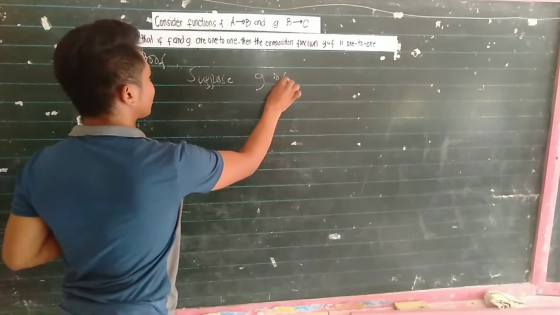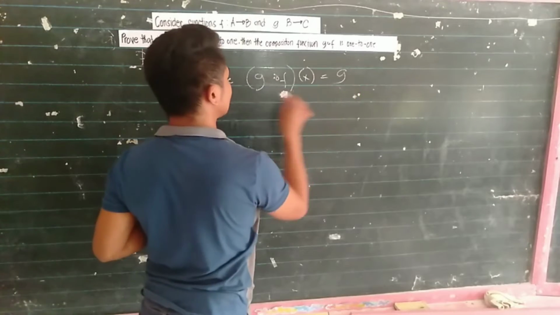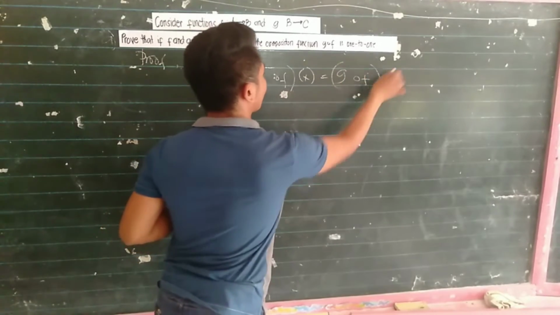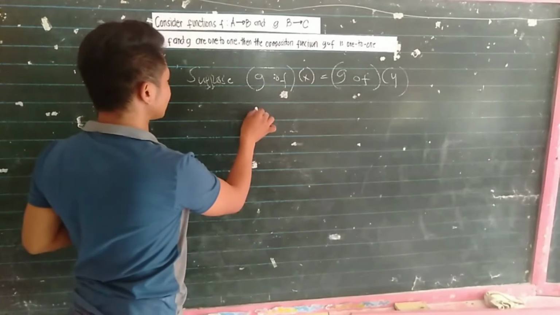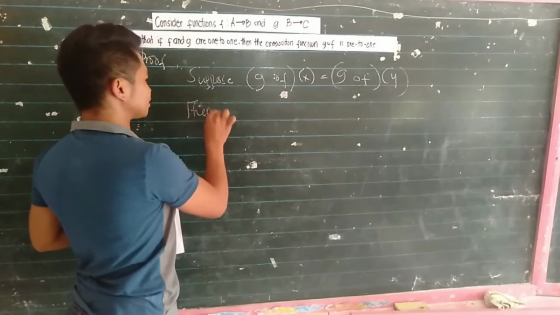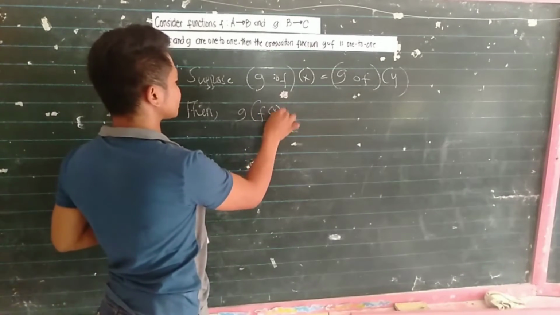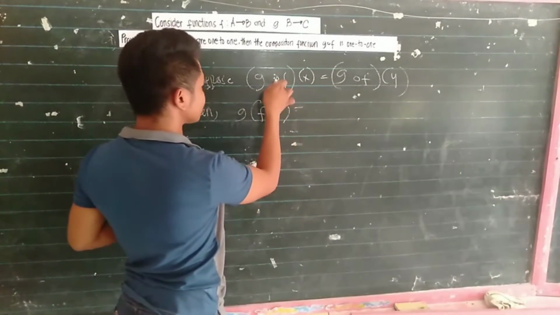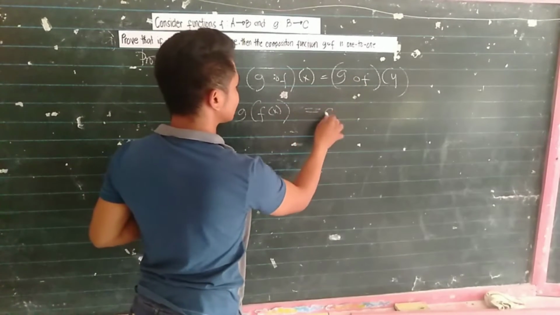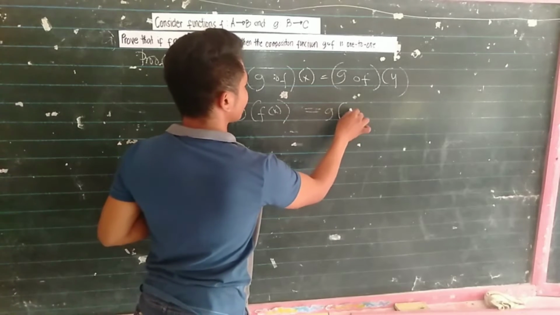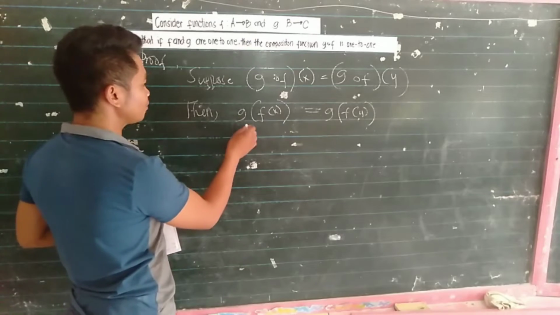g composite f of x is equal to g of f of y. Then g of f of x is equal to g of f of y.